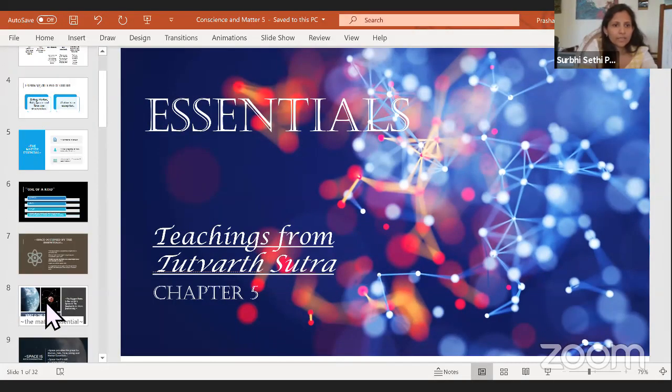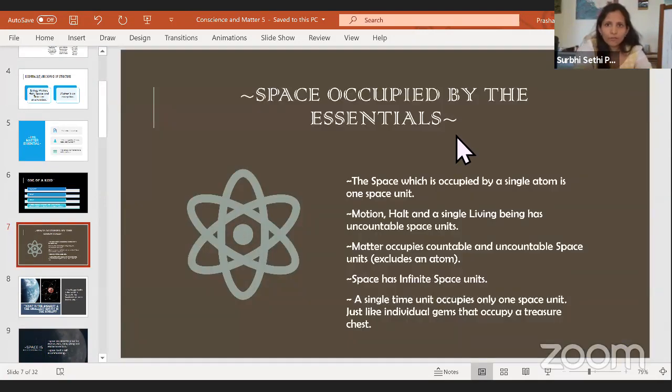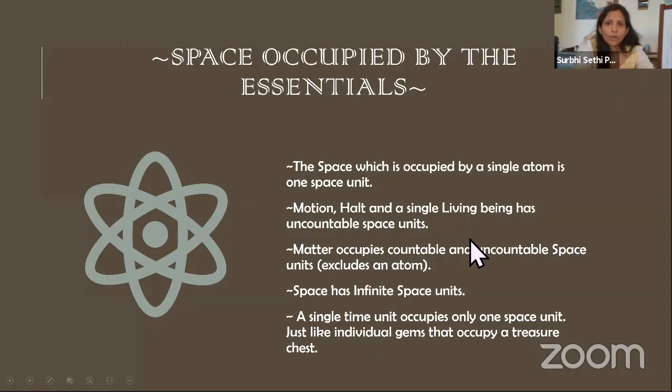Okay, so we were learning essentials, and this is what we just covered, repeating again: the space occupied by one single atom is one space point. The motion, halt, and a single living being have uncountable space units. Uncountable, you can't count them on your fingers.